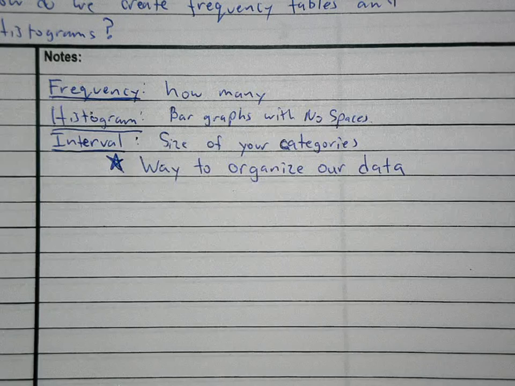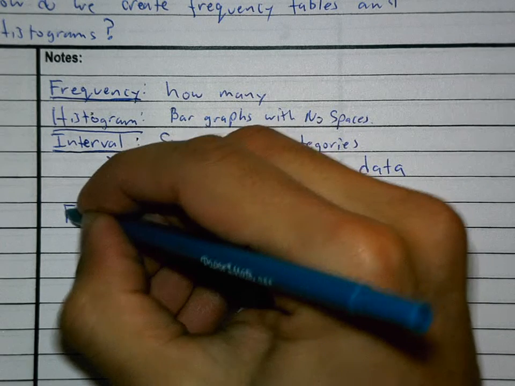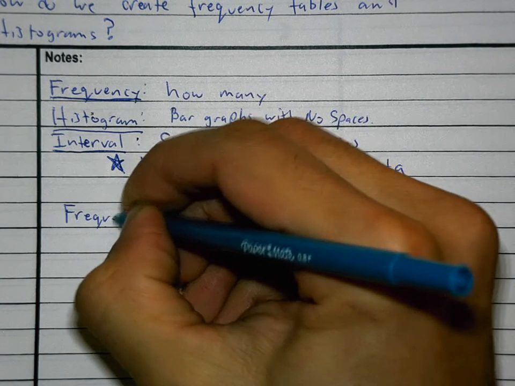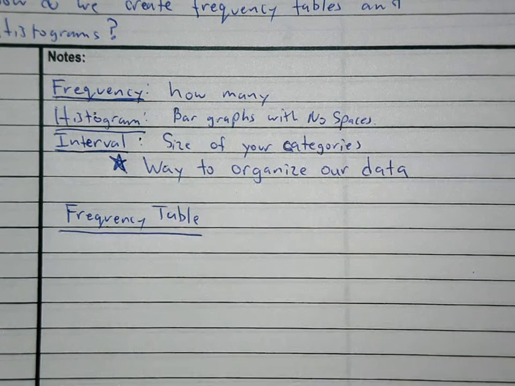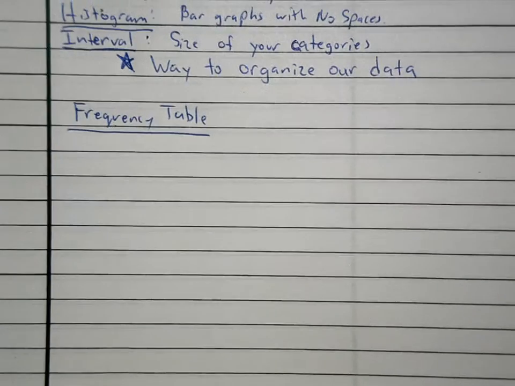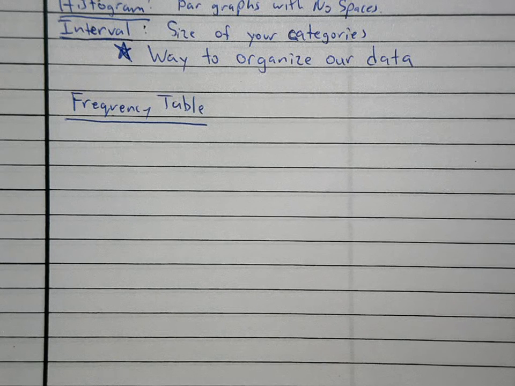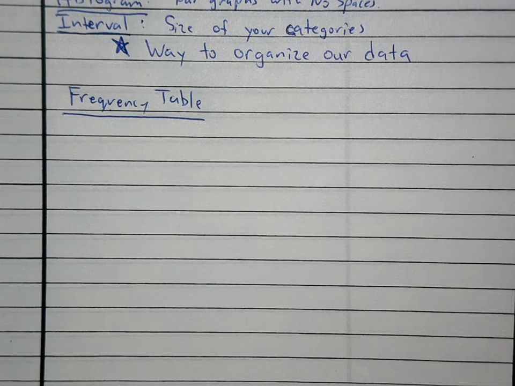Okay? Let's do it like this. I'm going to start off with a frequency table. Here's my frequency table. Let's write that down. Frequency table. Underline. This is my frequency table example. Fancy words. A how many table. I'm going to ask a few of you some questions.